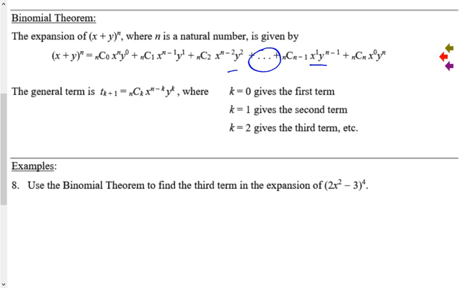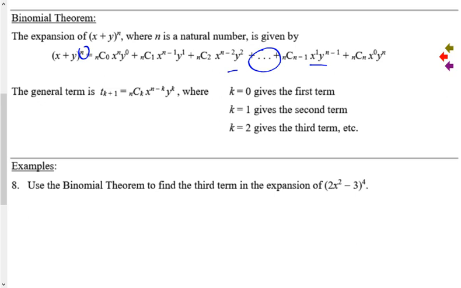We don't know how many terms there are unless we know this n value. Other questions? Typically, yes. There could be variations where you're given a term and you need to work backwards to figure out what that n value is.